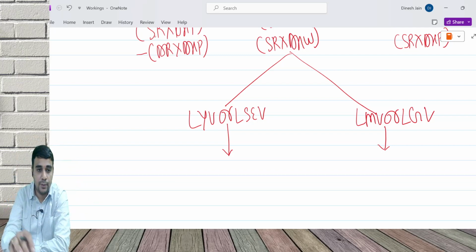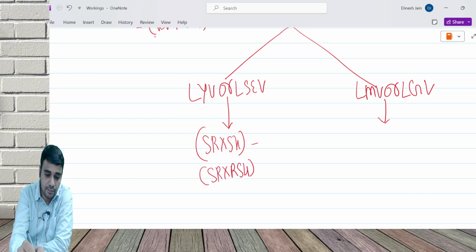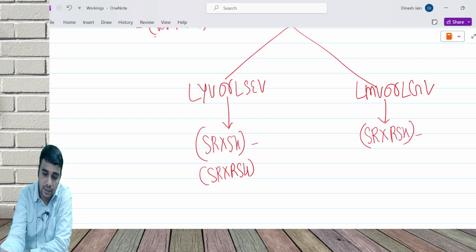Tell me the formula for yield variance. Minus, mix is SR into RSH minus SR into AHW.